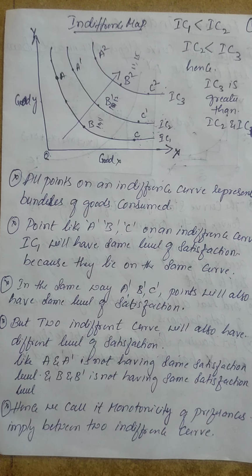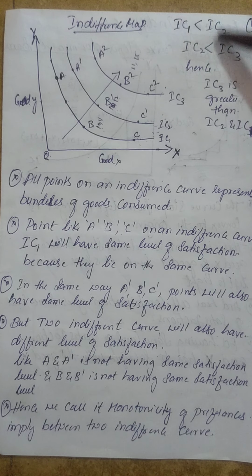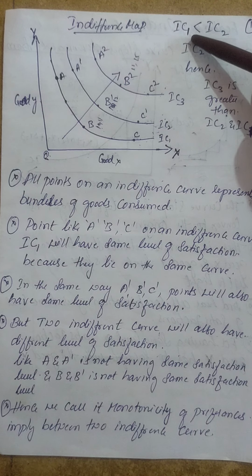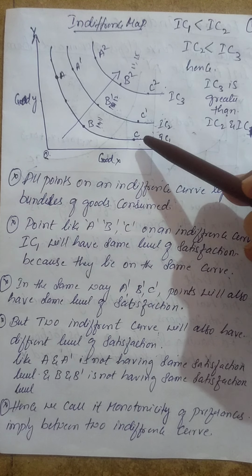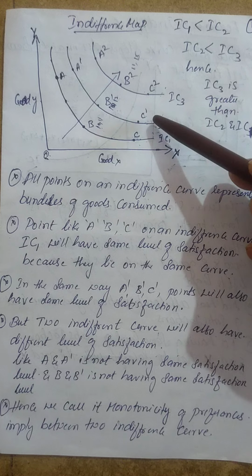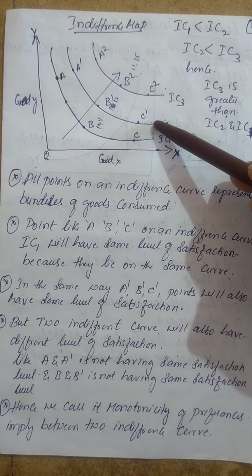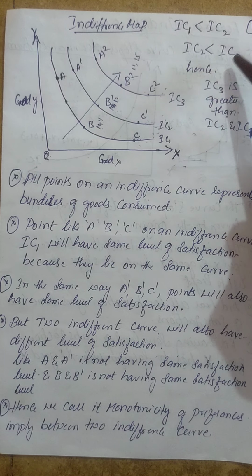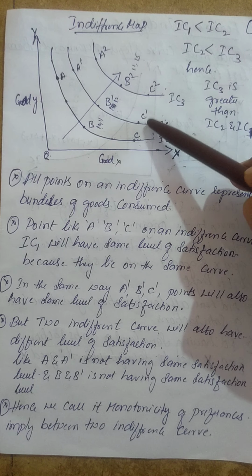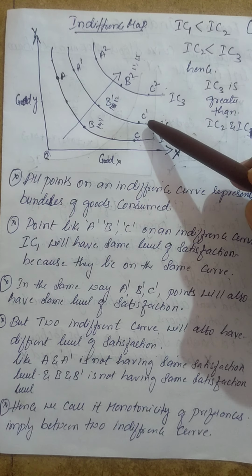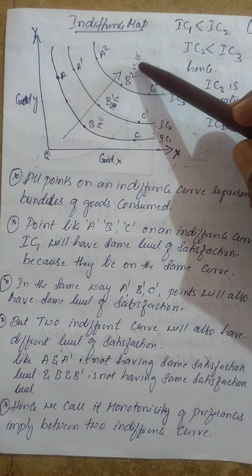The simple thing you should understand is like this, and I have put greater signs here. IC1 is lesser than IC2, isn't it? Because this combination is different and this combination is different. So this is lesser than this, and IC2 is lesser than IC3. This is IC2 and this is IC3. So this is smaller than this. See here it is 11 and 15.